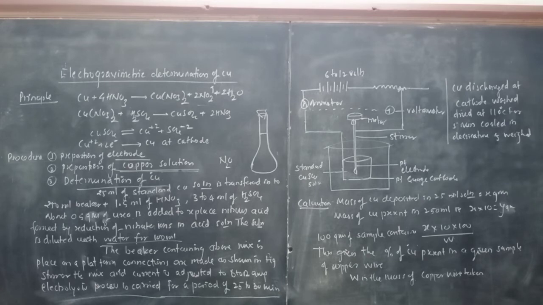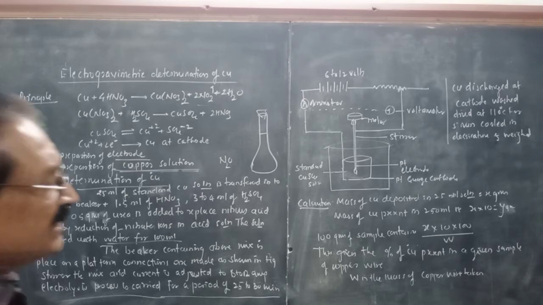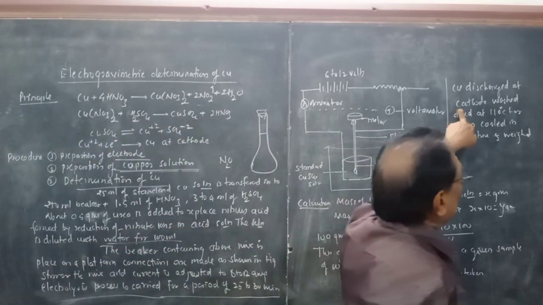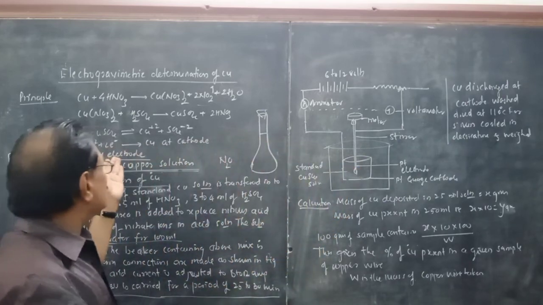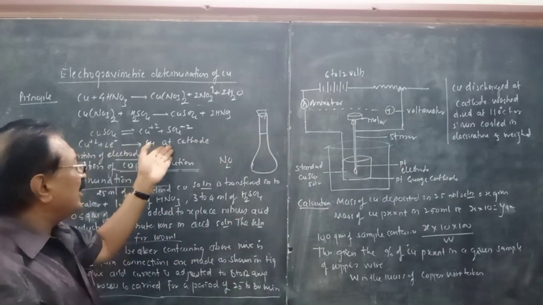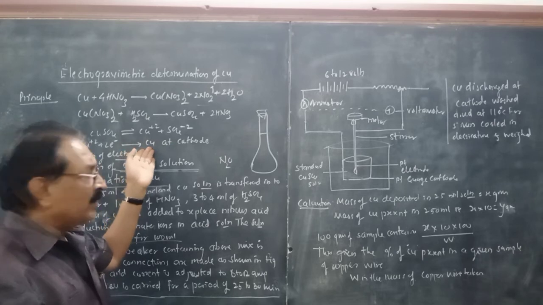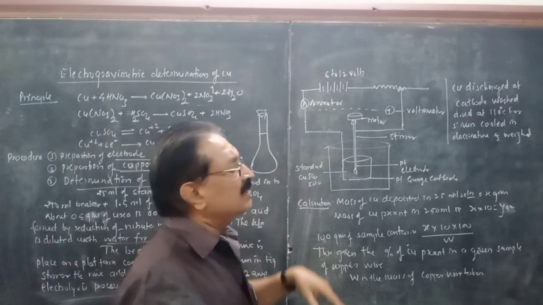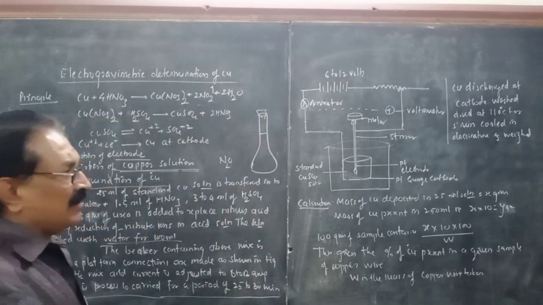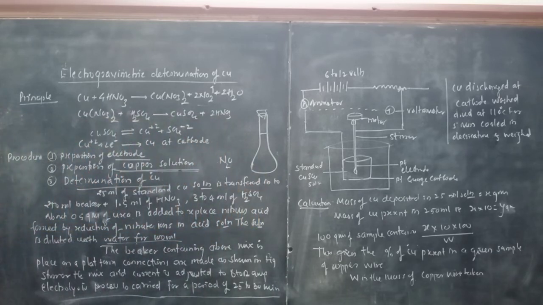Then after the process, what happens here? The copper metal is discharged at the cathode and starts to deposit. The ionization takes place, and on ionization the copper positive ions are discharged towards the cathode, and all the copper that is present in the solution is discharged at the cathode and deposited.